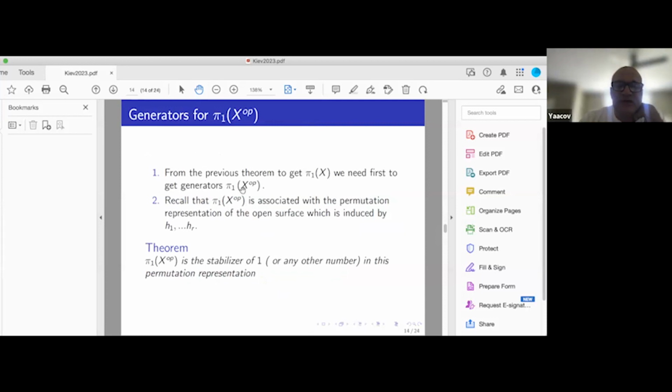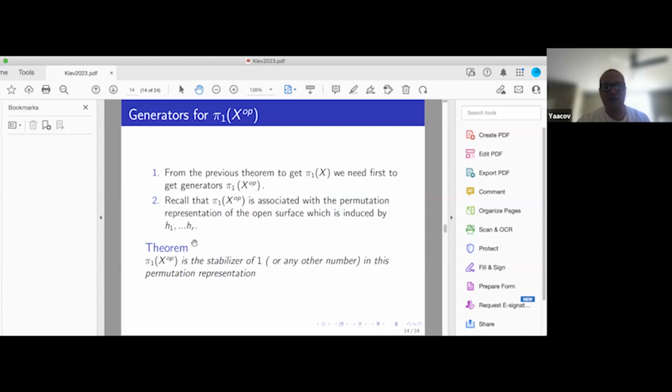So first of all, how do I get pi 1 x op? Pi 1 of x op is associated with a permutation representation of the open surface, which is induced by H1 to Hr. So you have the action of the fundamental group of the sphere minus r points on this set of n elements.